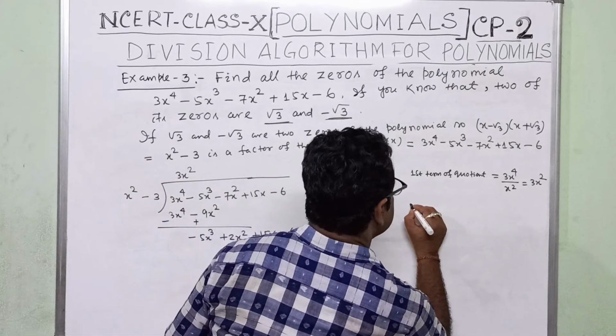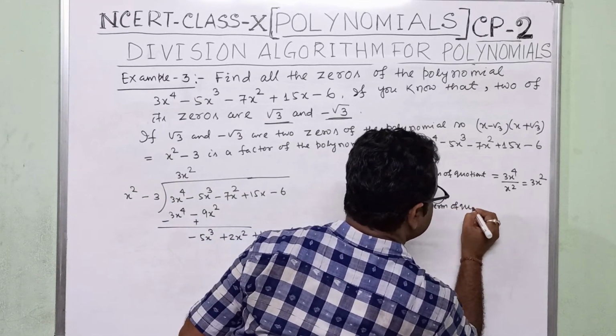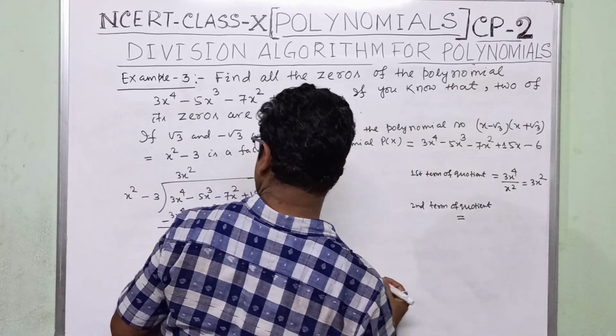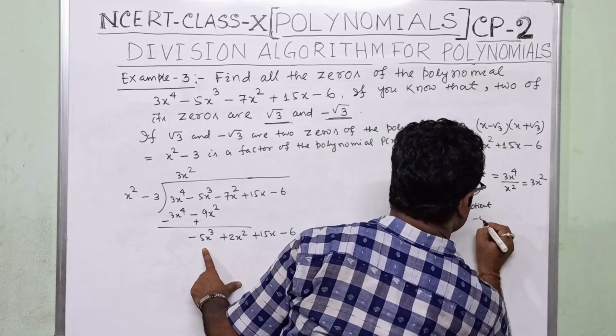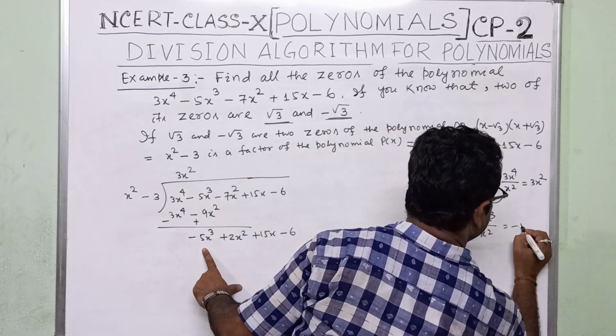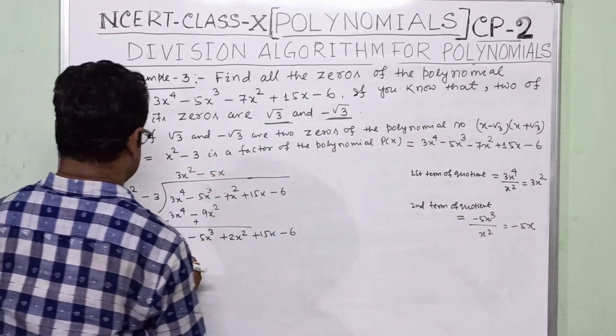So now the second term of the quotient is equal to what? Minus 5x cube by x square is equal to minus 5x.